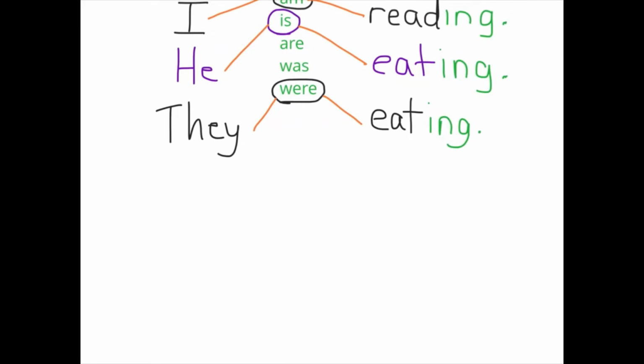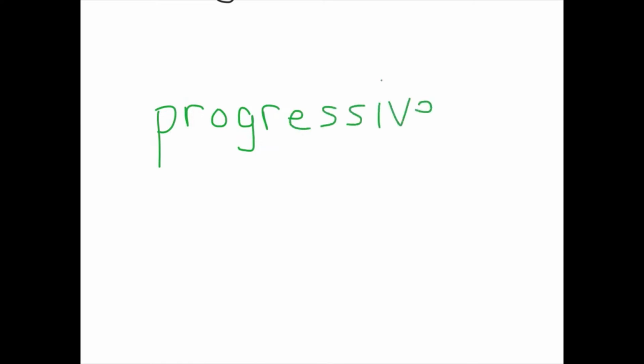This type of sentence has a fancy name, which I will write here, but you do not need to remember it. The pattern in the sentence is for the verb, and this type of verb is called the progressive tense, and it is sometimes called the continuous tense.